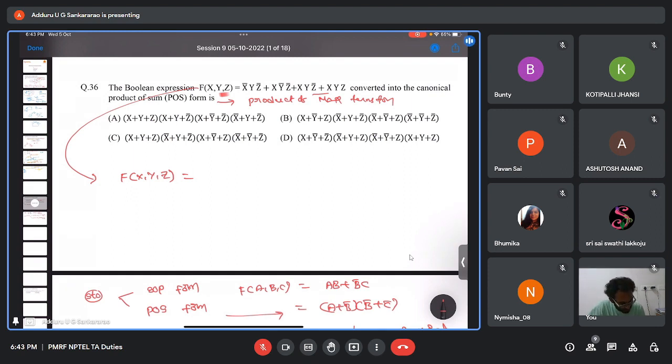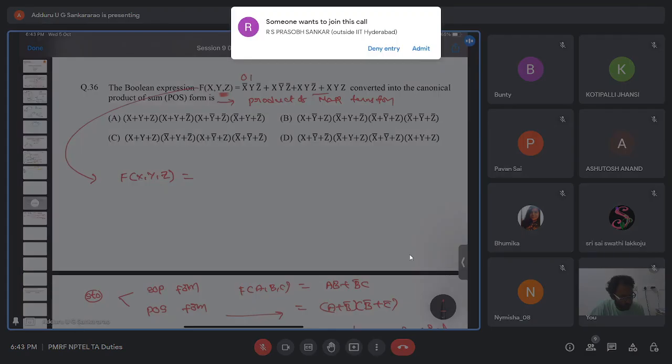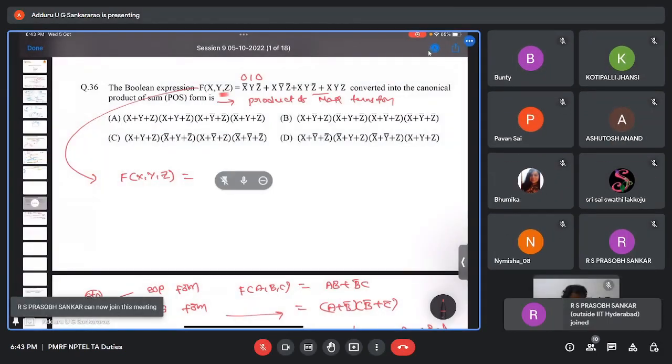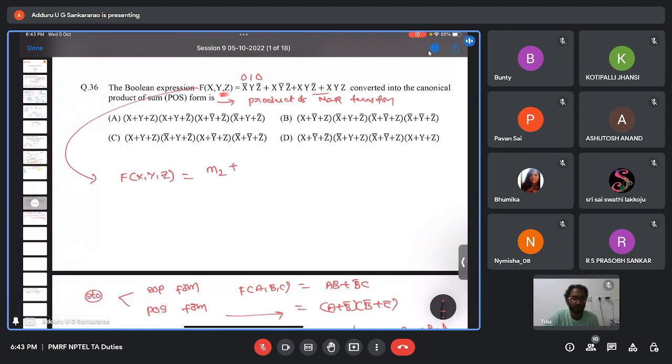So x bar is 0, y is 1, z bar is 0, so that minterm is 2. Plus the second one: x is 1, y bar is 0, z bar is 0, that is minterm 4.